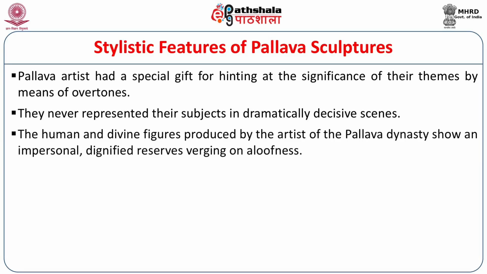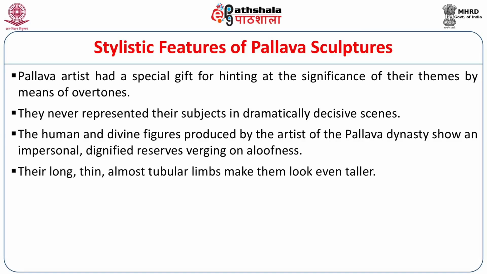The human and divine figures produced by the artists of the Pallava dynasty show an impersonal, dignified reserve verging on aloofness. Their long, thin, almost tubular limbs make them look even taller.